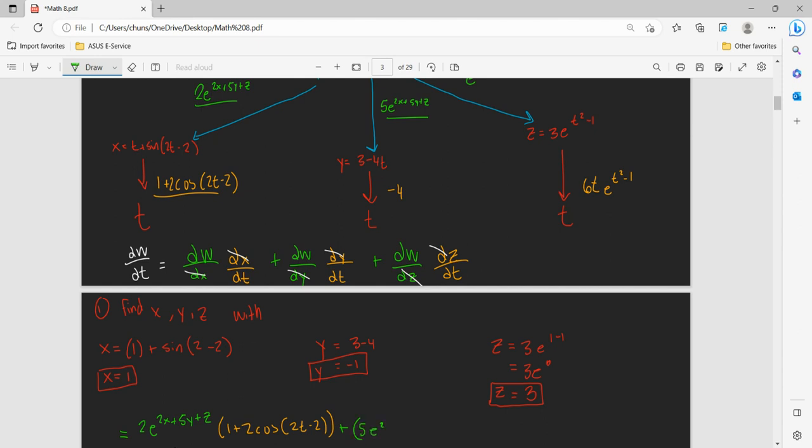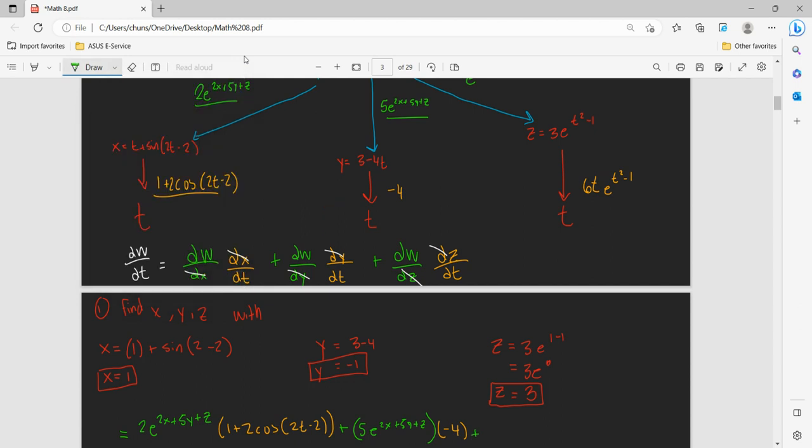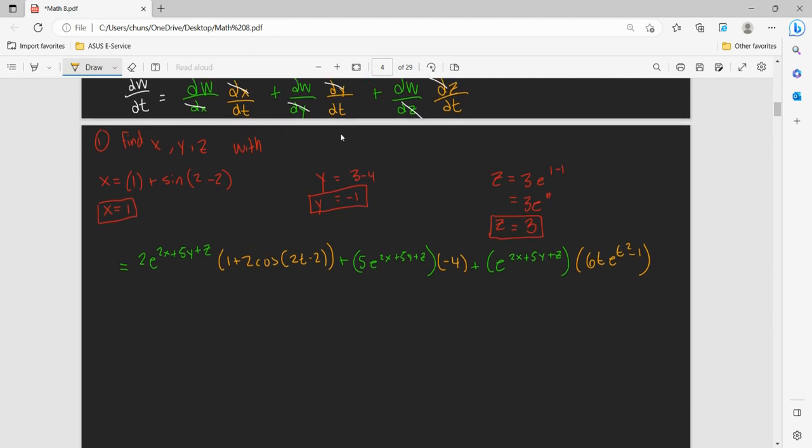So this is 5e to 2x plus 5y plus z multiplied by -4. And finally, this is plus e to the 2x plus 5y plus z. And this is multiplied by its derivative, which is 6t e to the t squared minus 1. So this is our complete partial derivative that we're looking for.